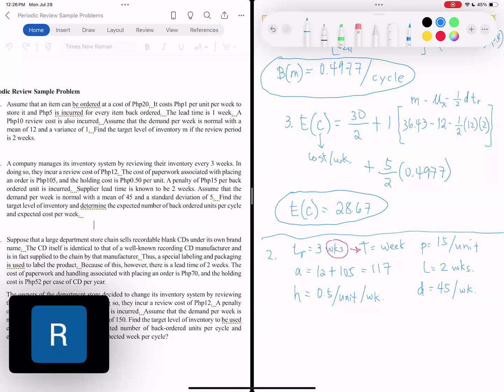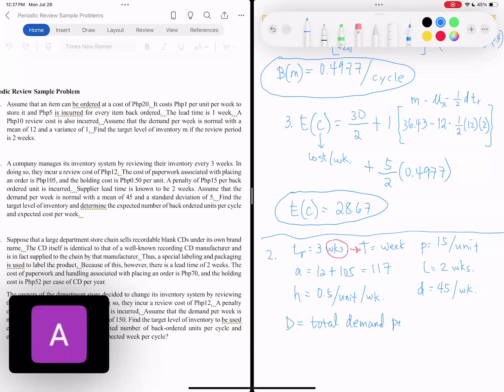And the demand per capital D, let's do capital D. What is TR plus L? Total demand in how many weeks? 5.